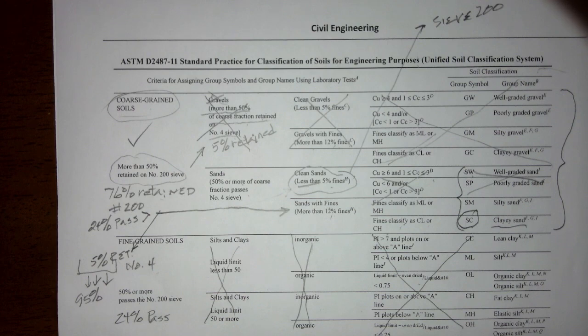We were able to rule out this and this, and honestly, I don't know why this got ruled out right here. We ended up though with, when you come back down here to this 5%, this takes you to sands and things like that. So we ended up with a clayey sand as his choice.